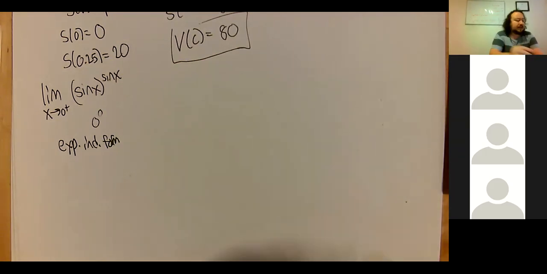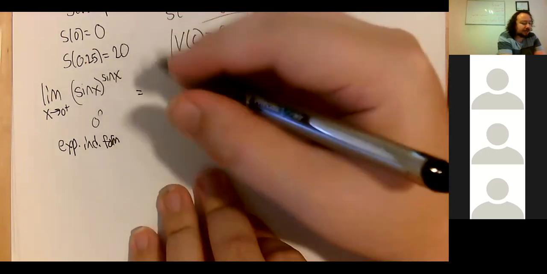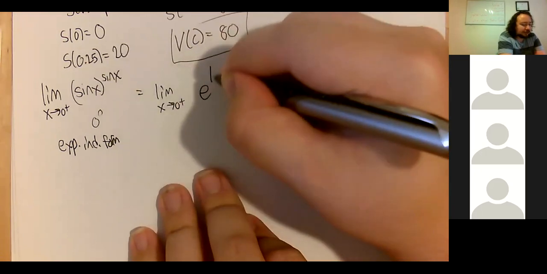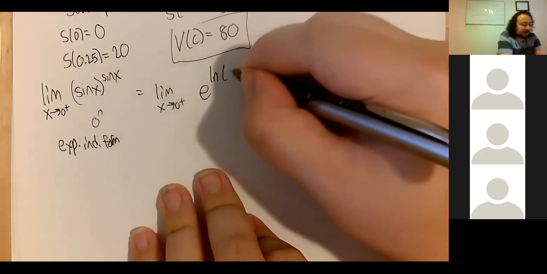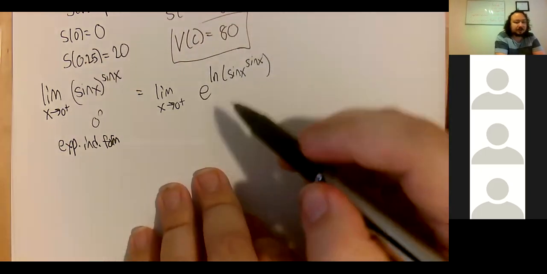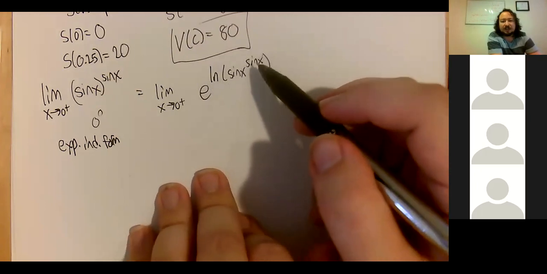The way we deal with any of these situations is we change this to be e to the natural log of whatever our original expression is. I'm going to rewrite this as e to the ln of sine of x to the sine of x power.